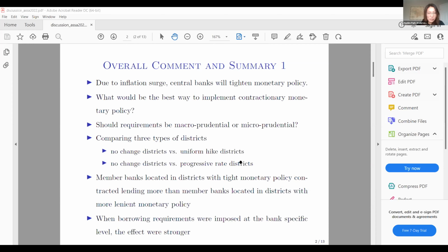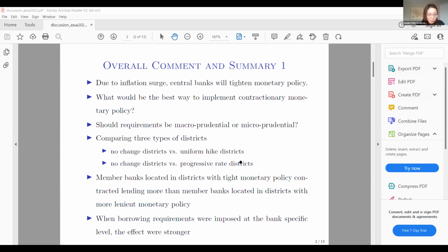Right now we are just thinking about the discount rate, which is uniform across all banks, but maybe we can make it more micro-prudential, targeting each bank at a different level, like a progressive tax rate, where each individual is under a different tax rate and we pay different taxes based on our income bracket.